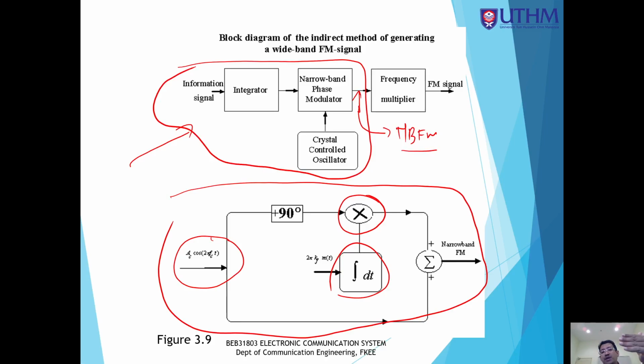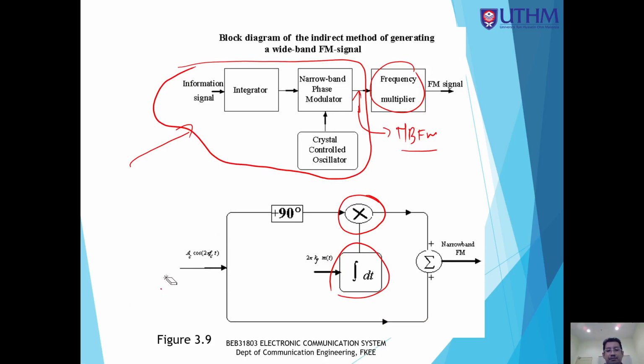If you want to make a wideband FM, we need to use a frequency multiplier to increase the frequency of the output. For your information, we asked this question in a previous final exam.